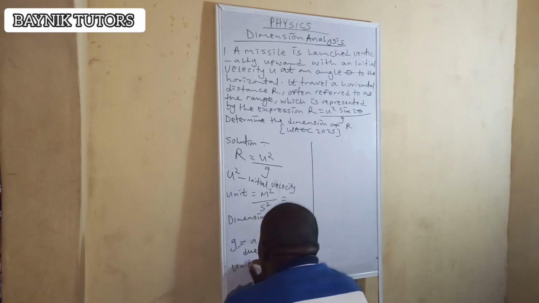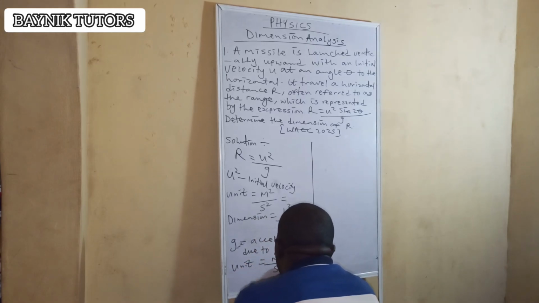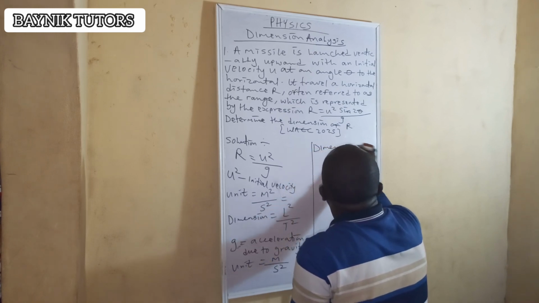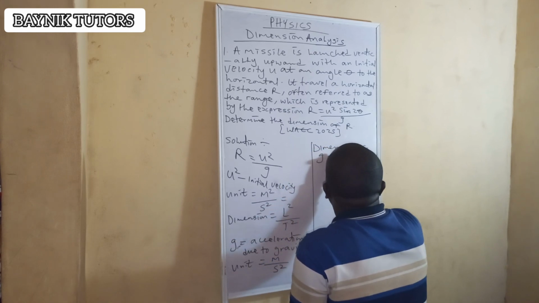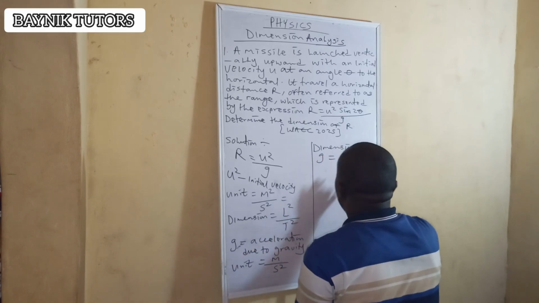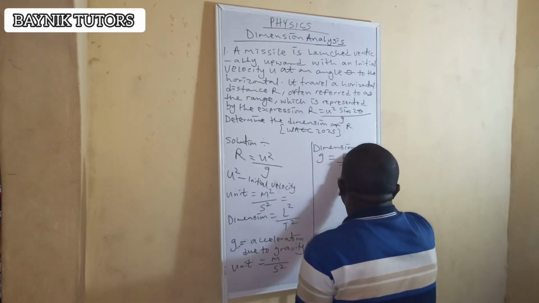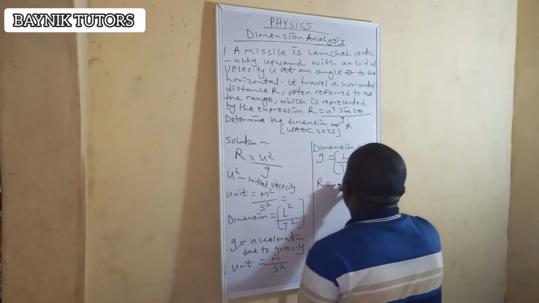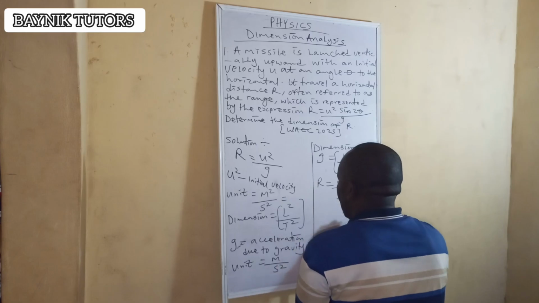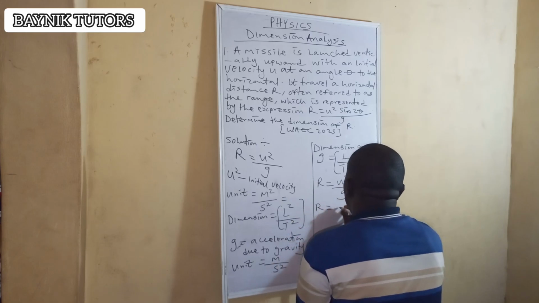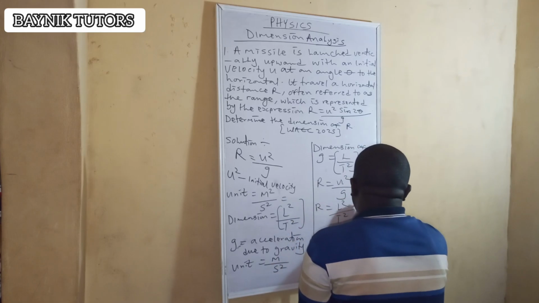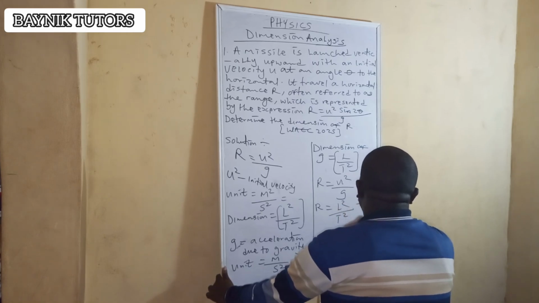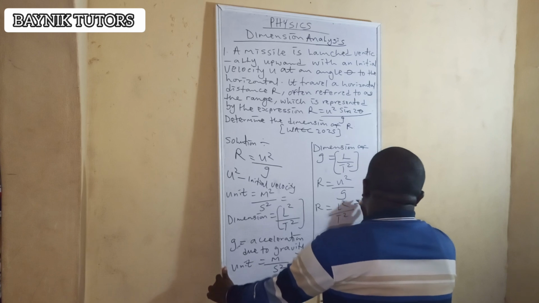So for the dimension of g, meter is L, while this is T squared. So that is done. Since r is equal to u squared over g, we can now say our r will be L squared over T squared divided by L over T squared.